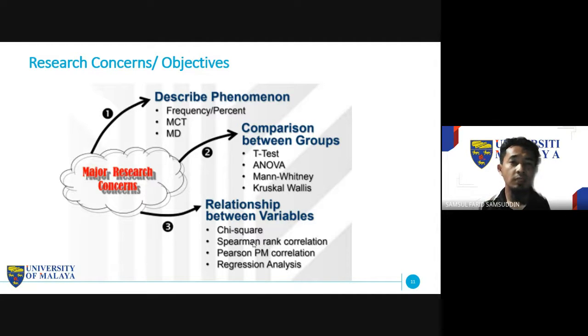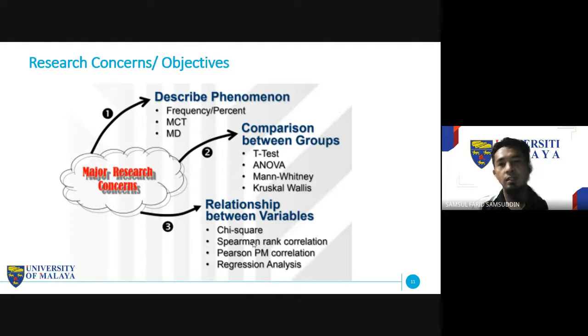There were three major research concerns. First, describe phenomenon, whether you want to describe frequencies, more on numbers, the percentage. Number two is comparison between groups. And another one, relationships or correlations.